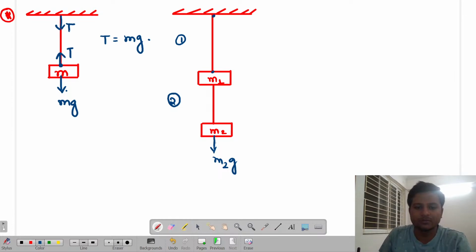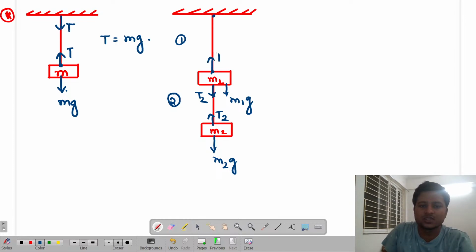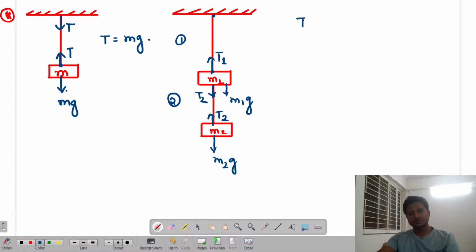So here it will be M2G, isn't it? And for that there will be a reaction, I call it T2, isn't it? And for that equal and opposite reaction T2, M1G will be downwards, and then T1 will be upwards. Now since the system is in equilibrium, I can write T2 is equal to how much?